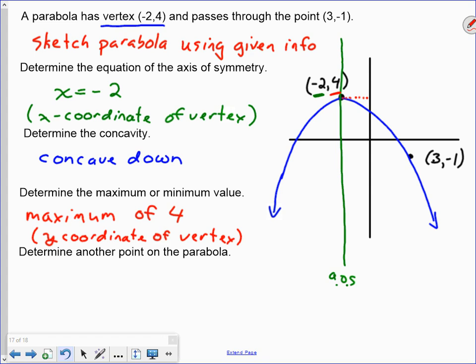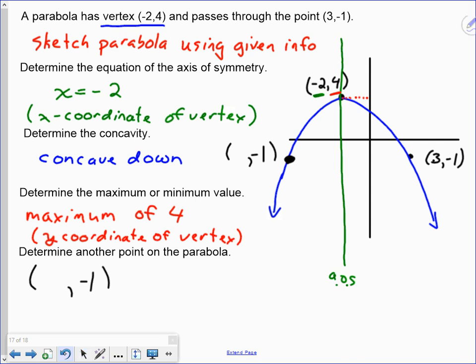Now, determine another point on the parabola. Well, we've got 2 points already. For our third point, we could figure out the point that is symmetric to this other point that we are given. We know that over here, there has to be another point symmetric to that point, (3, -1). It also has to have a y value of negative 1. I'm just going to put that in there because if it's symmetric, they have to have the same y value. Now I just need to figure out what the x value is.